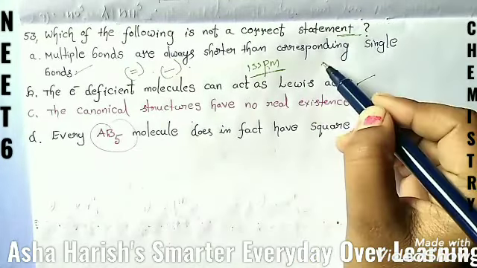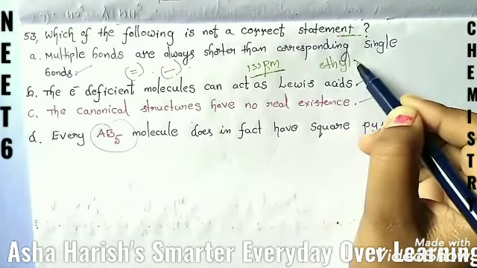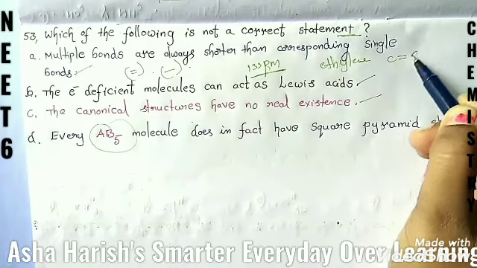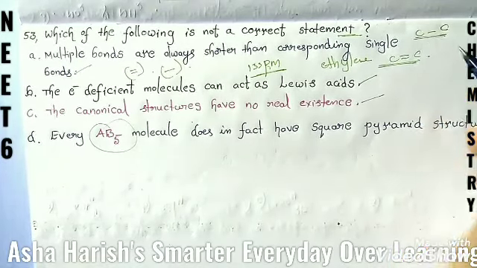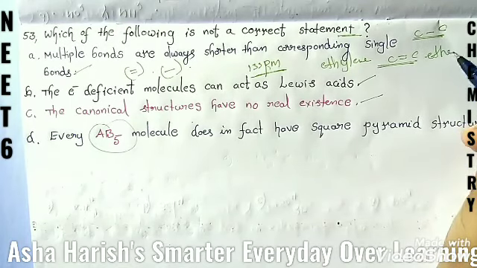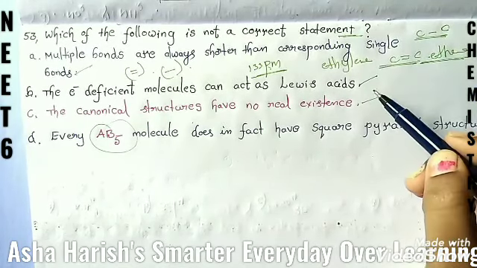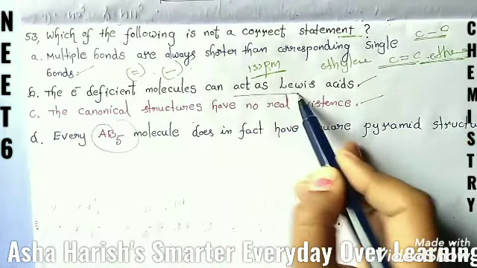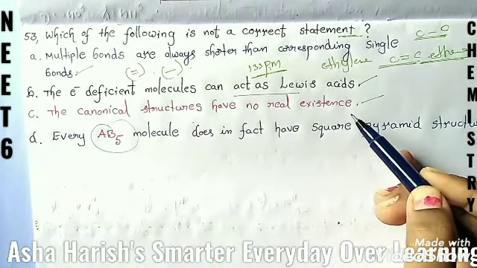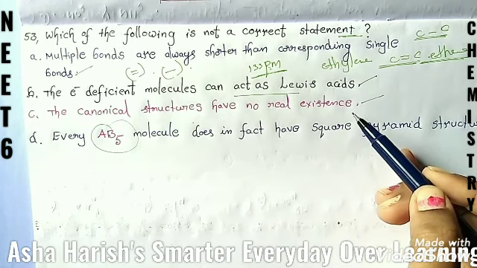And suppose you take the example of the ethylene molecule, here the C double bond C bond length is shorter than the C single bond C bond length in ethene, right? And for option B, electron deficient molecules can act as Lewis acids. Here, students, you have to know the electron deficiency.